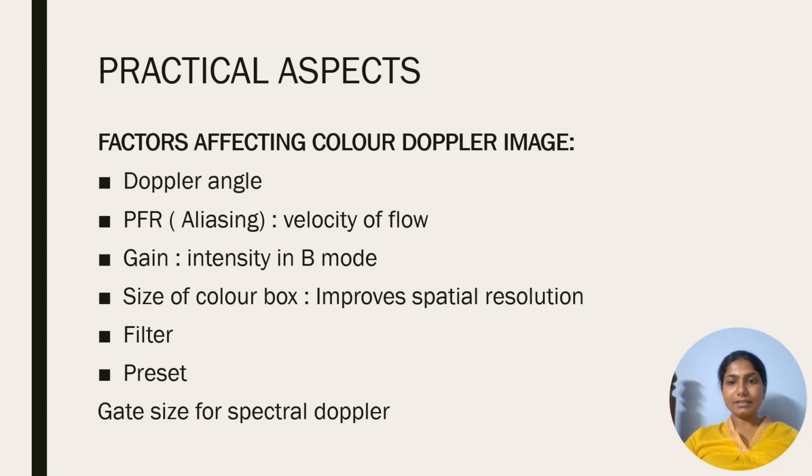There is the Doppler angle, that is the insonation angle, the PRF, that is pulse repetition frequency, gain, the size of the color box, the wall filters, and what preset should be set. These are all very important practical aspects which have to be set in the ultrasound machine before you perform a Doppler. Otherwise, whatever results or interpretation you make will be wrong. That's why the preset should be correct, and whatever you are doing should be practically applicable. I will do this when I practically show you how to do a Doppler on a patient.